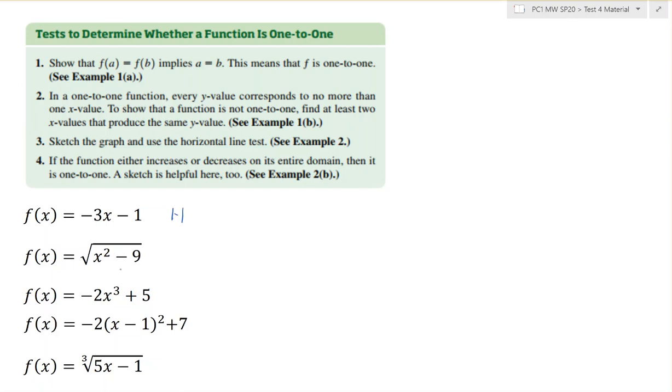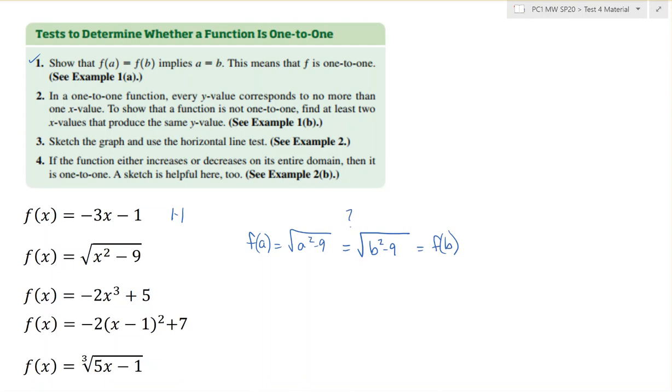And then this one, square root of x squared minus 9. Let's do the number 1 test here. Let's see if f of a, which is the square root of a squared minus 9, is equal to f of b. We want to see, is that true?